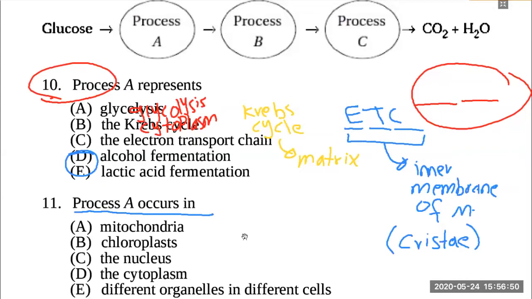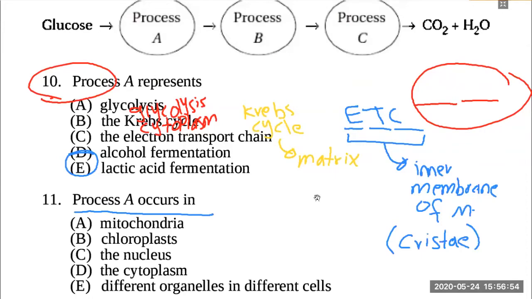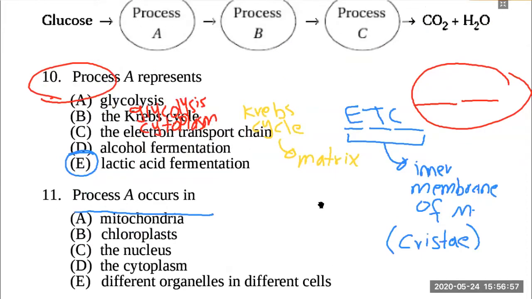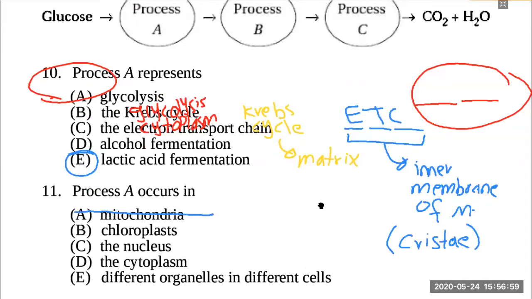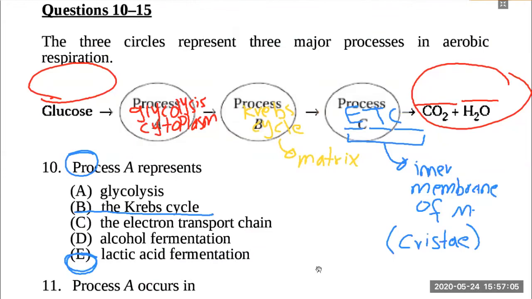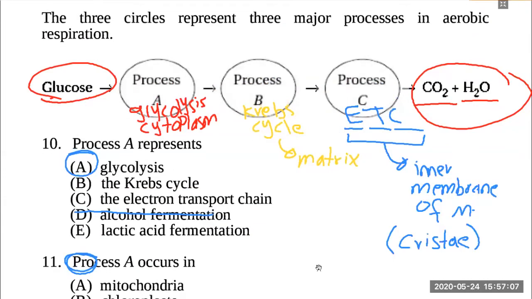In which part? Okay, as I mentioned, it takes place in the cytoplasm. And I wrote it here before, as I mentioned that it takes place inside the cytoplasm of the cell.